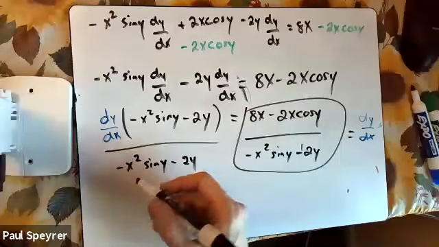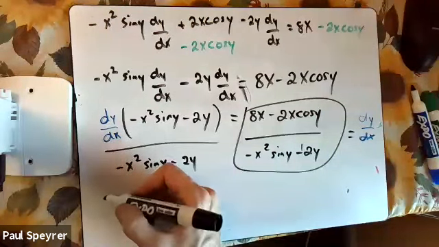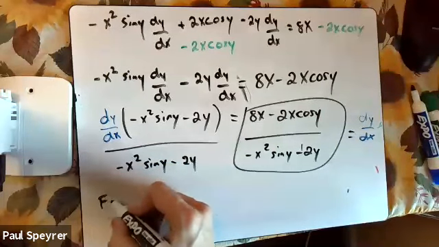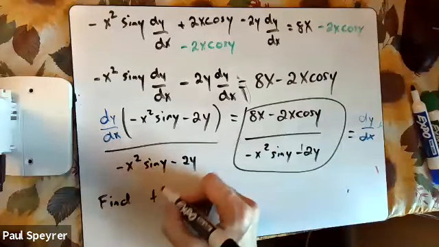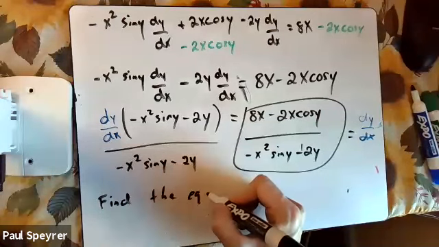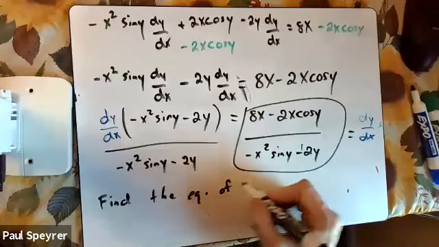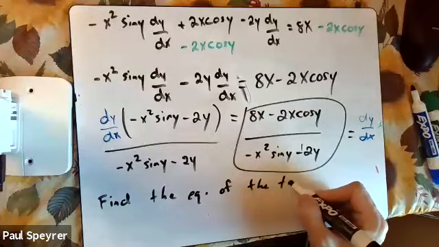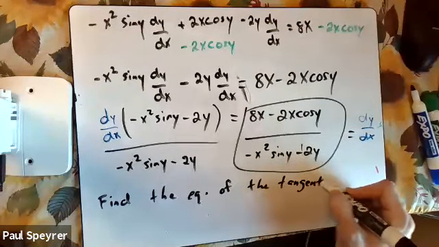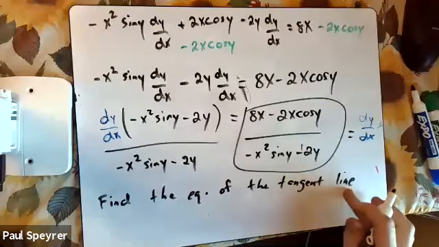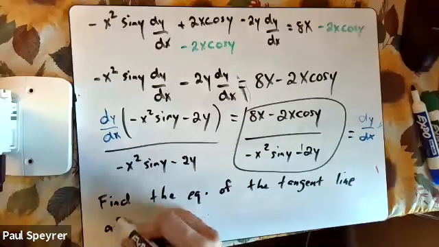Now, back to our favorite thing that we do in this course 50 million times, and that is find the equation of a tangent line at the given point.